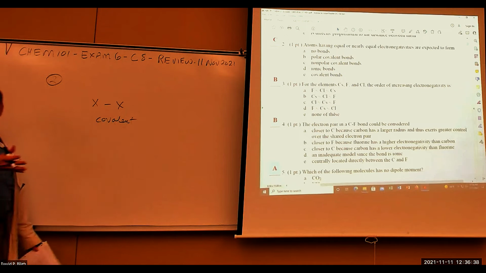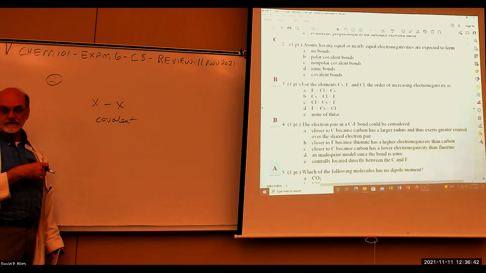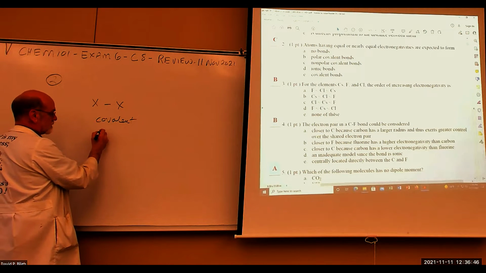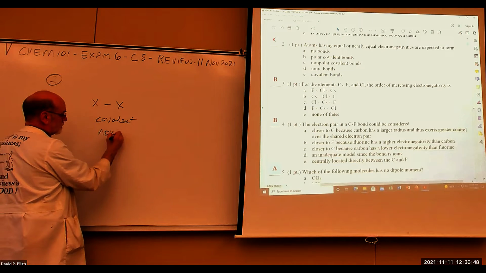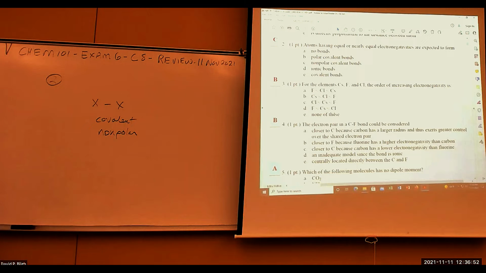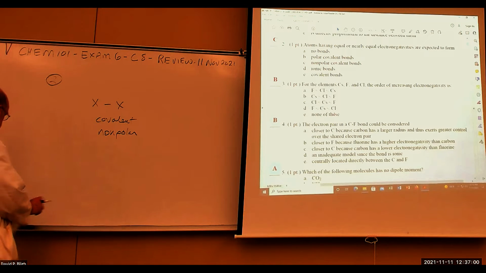Because nobody's going to win. Nobody's going to take electrons and leave the other one without. But also, if they're nearly equal, you're going to get a nonpolar covalent. So that's C, nonpolar covalent.